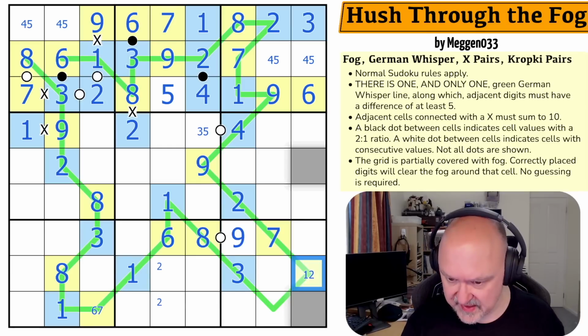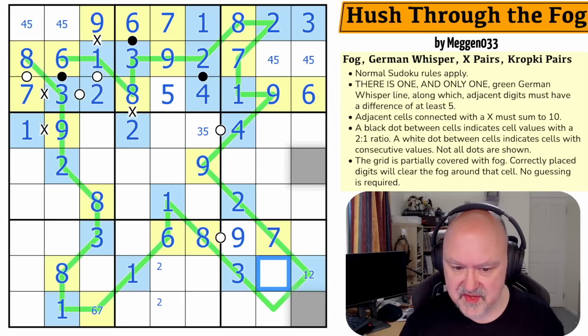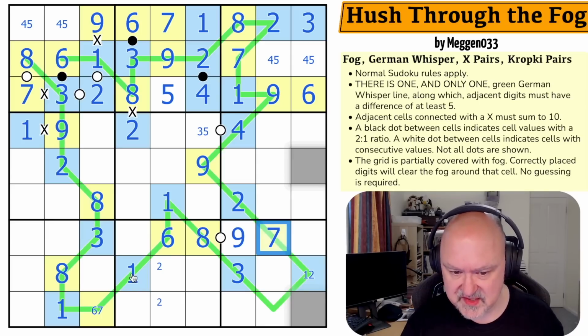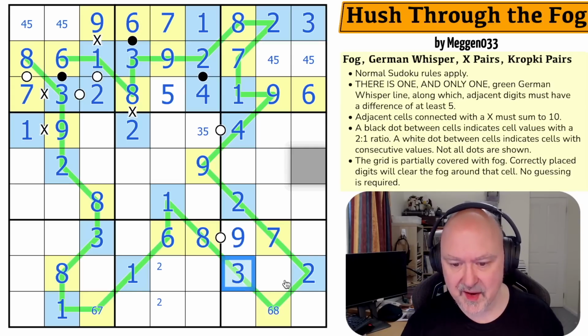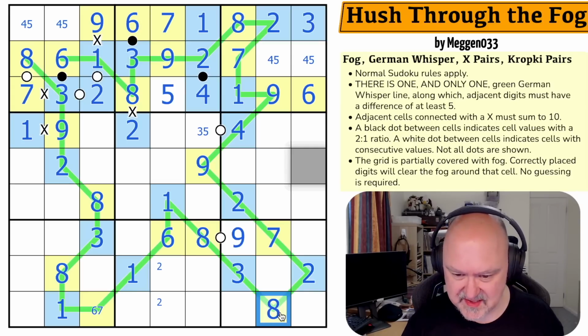And this has to be a 1 or a 2 to be next to a 7, but it can't be a 1. That's the 2. This is a high digit. Mark it as a high digit. It's not 6 or 9, so it's 6 or 8, but I can't put 6 next to 2 or 3, so that's the 8. This is a high digit.